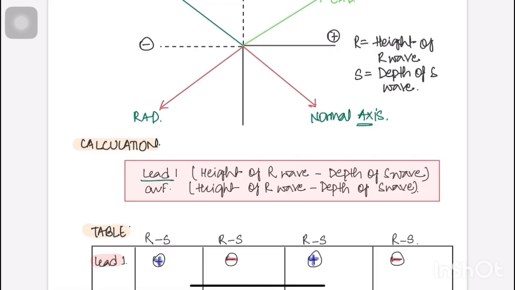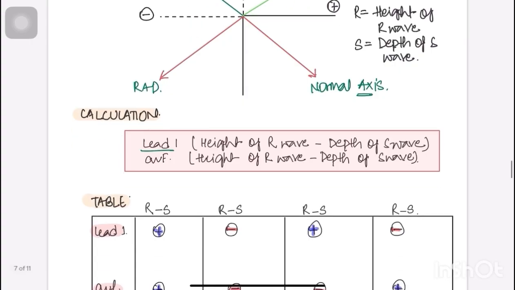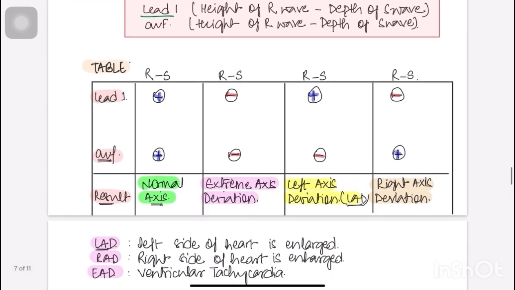For lead 1 we use height of R wave minus depth of S wave. For AVF also we use the same formula, height of R wave minus depth of S wave. For this we would use a table for interpretation. In lead 1, if R minus S is positive and in AVF also it is positive, the result is normal heart axis.